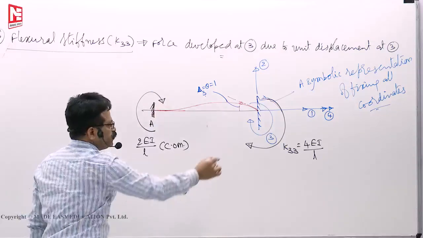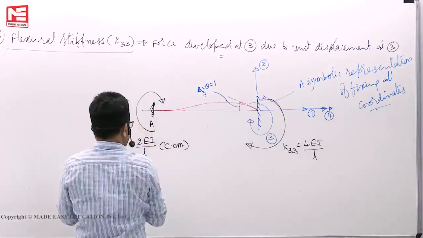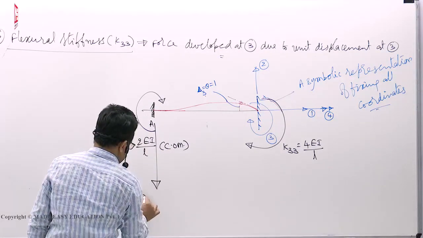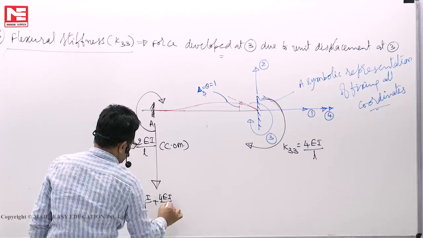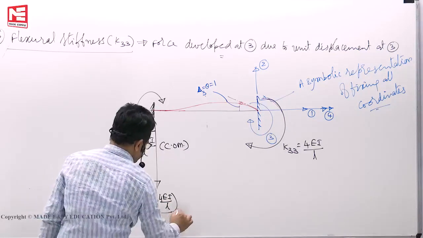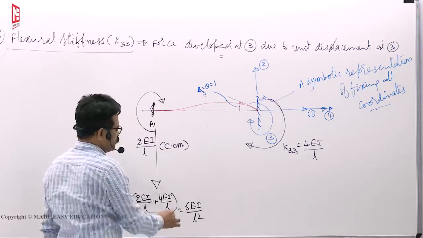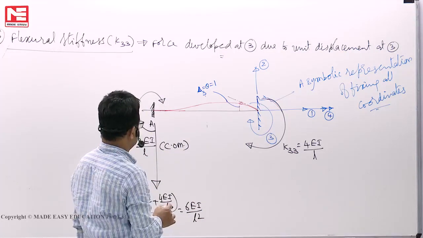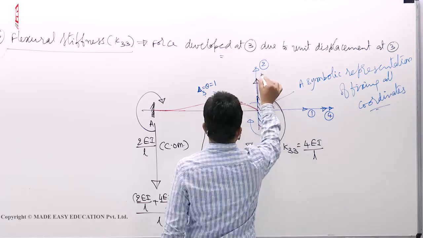So 2 here, 4 here, total 6. To balance it, reactions will develop like this. Here how much? 2EI by L plus 4EI by L by L. You will get 6EI by L square down here. Here also 6EI by L square.